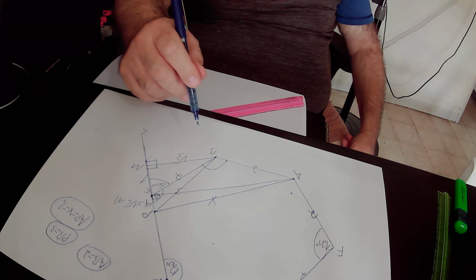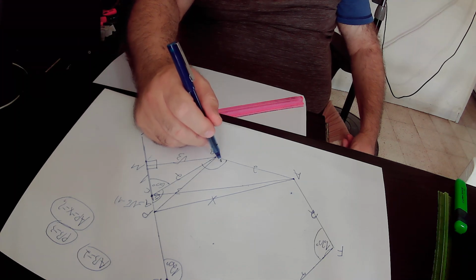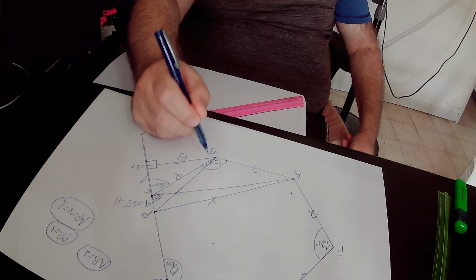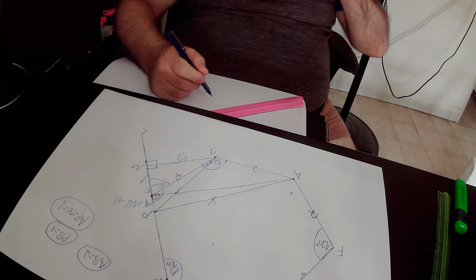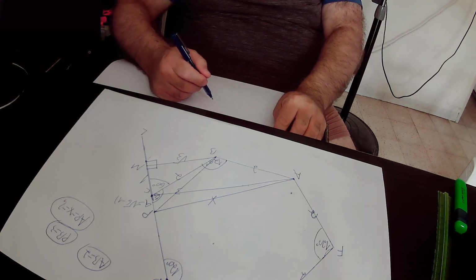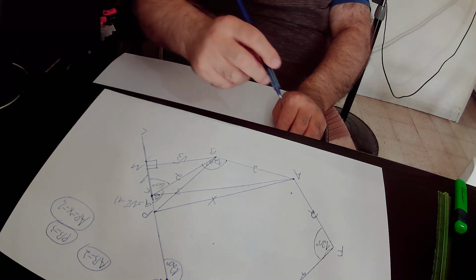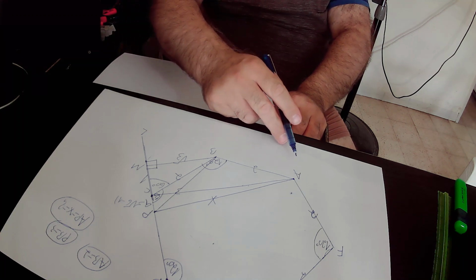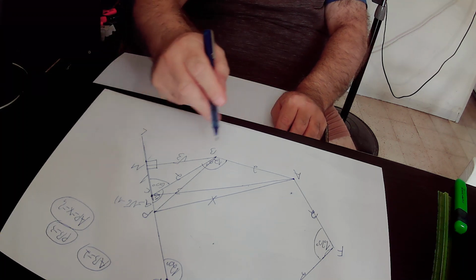Therefore the size of angle ABC equals 120 degrees. And now we'll copy this triangle ABC, and we will implement in this triangle the law of cosines in order to find out the length of the side AC.